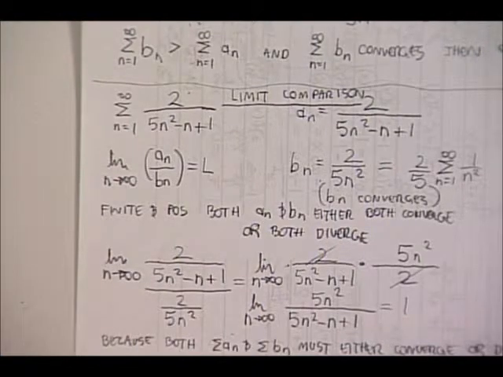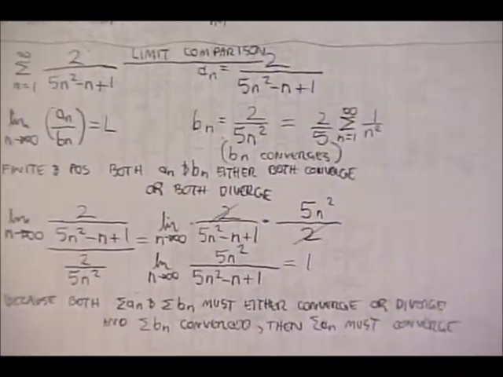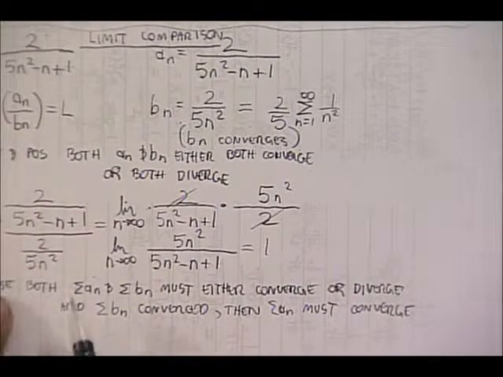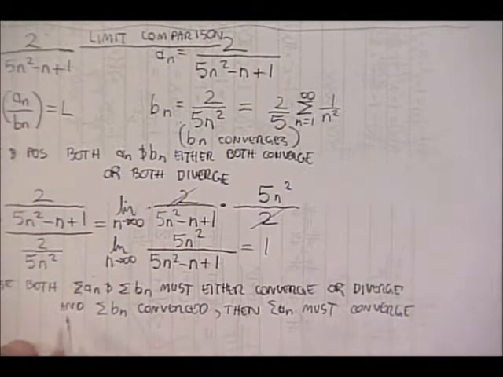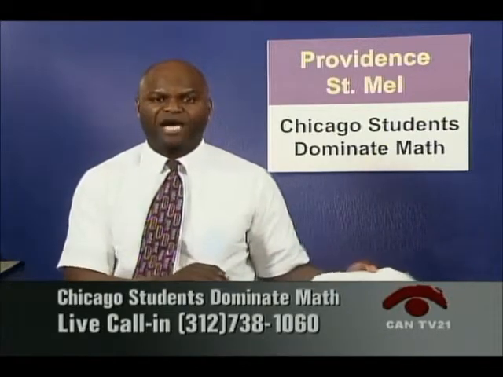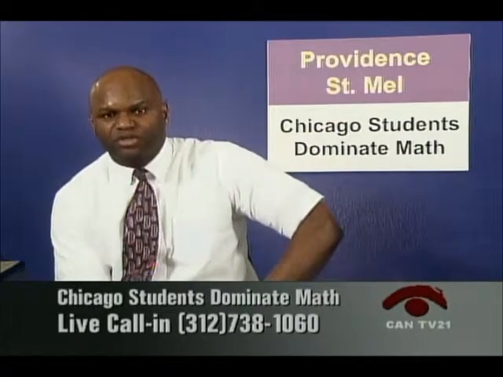So the test says that the series a sub n and b sub n must either both converge or they'll both diverge. We determined that b sub n converged, and therefore we can say that a sub n must converge. All right. So this is a calculus 2 topic, second semester calculus topic, where you're examining series using different tests.